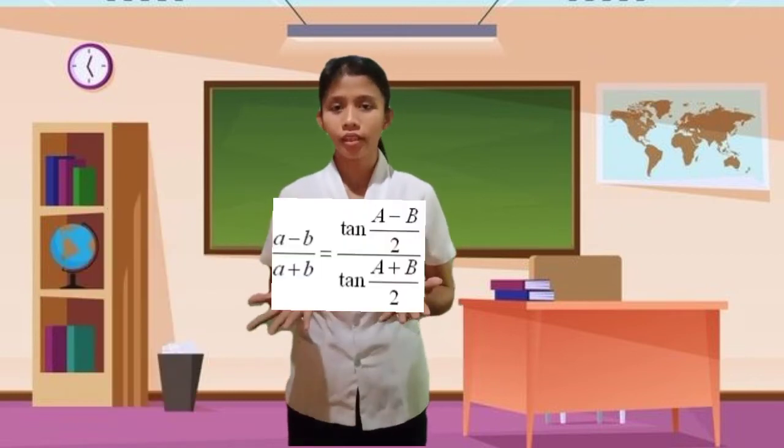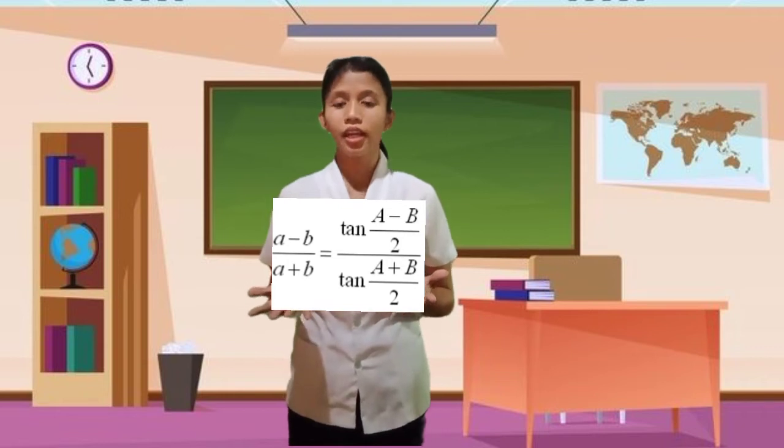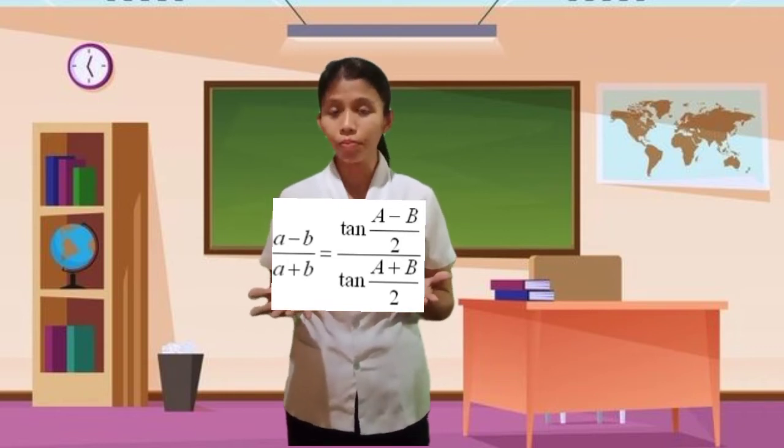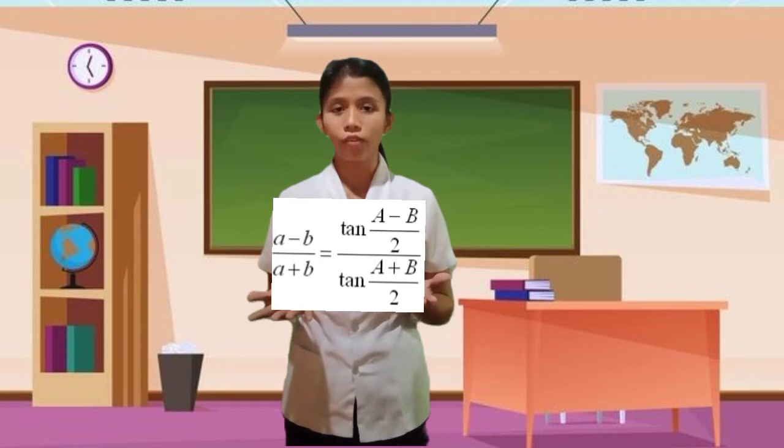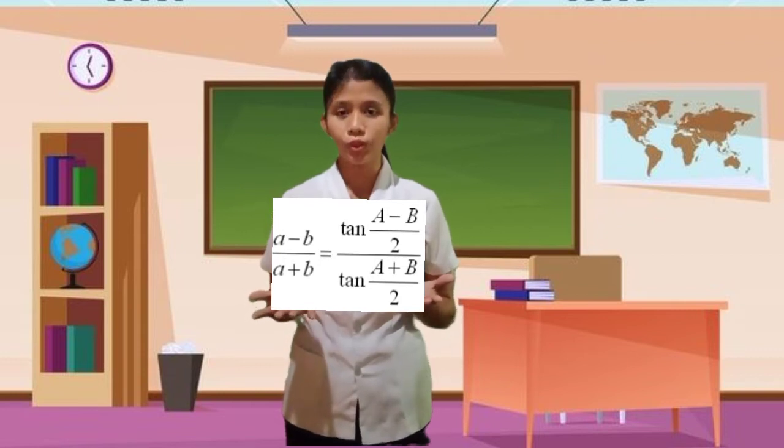The law of tangent states that (a − b)/(a + b) = tan((A − B)/2) / tan((A + B)/2). Basically, that is what we call the law of tangent.